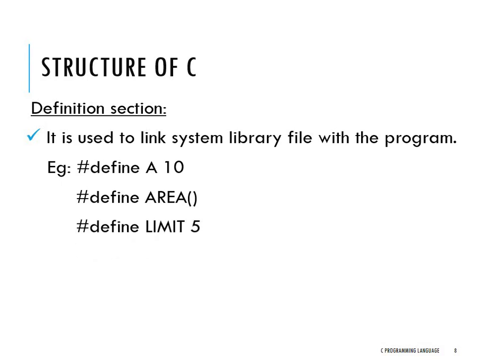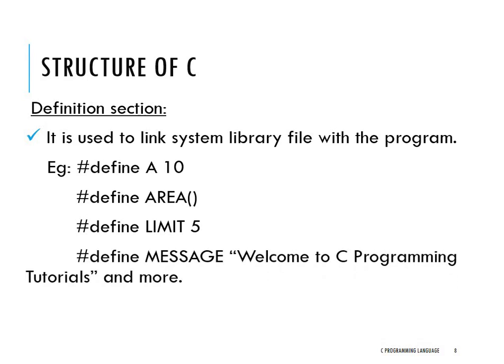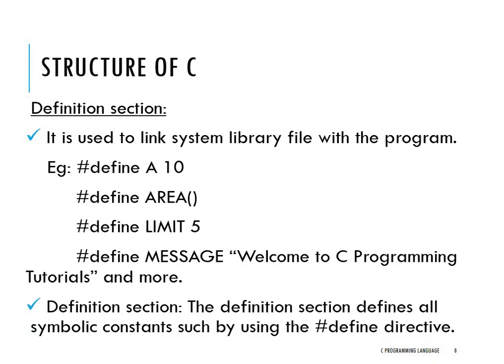We can define constant values. We can define messages also. So if I am printing a message, the welcome to C programming tutorials message will be displayed using the message variable. The definition section defines all the symbolic constants by using the define directive.